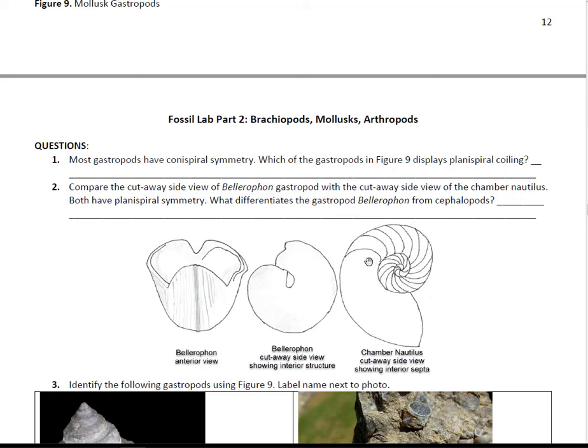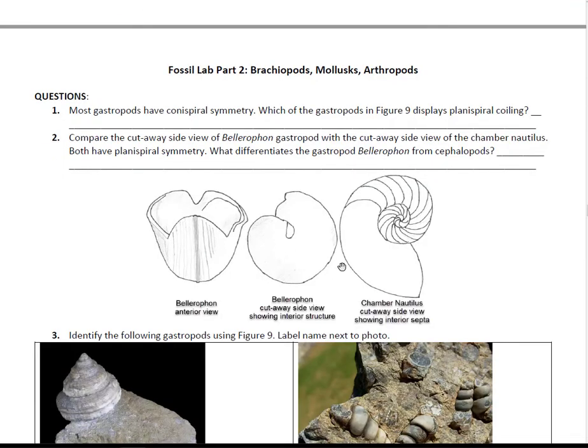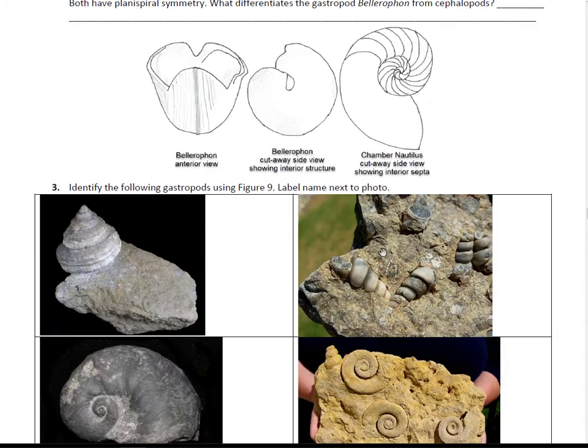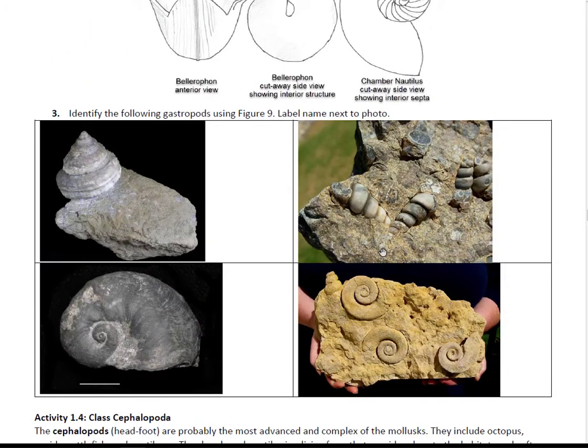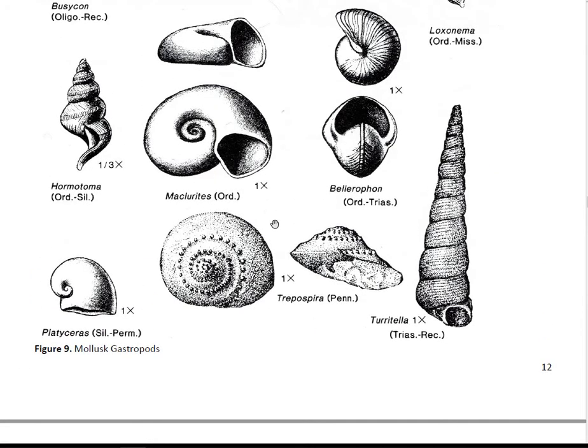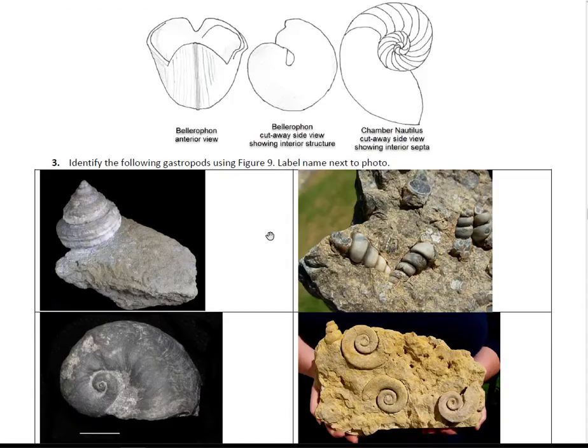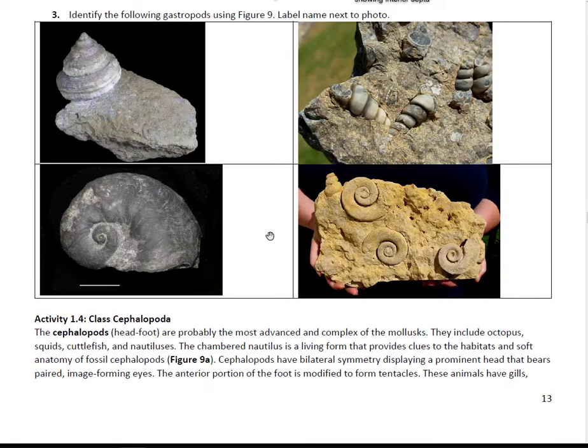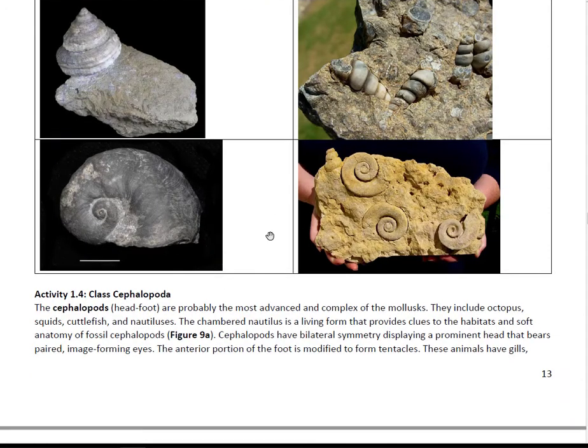The chambered nautilus does have different chambers, and the animal only lives in the outermost living chamber. So that's a major difference between the gastropods and the cephalopods. And here are some pictures of gastropods. Again, you'll be looking at these pictures and then going back to figure 9 to identify those. I only have 1 gastropod to show you at the end of the lab.